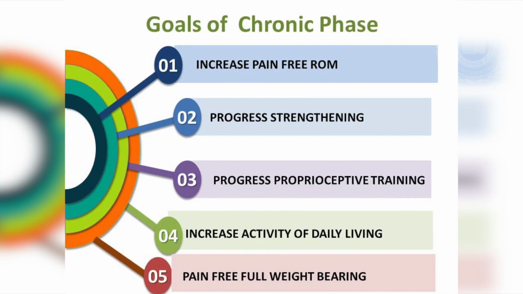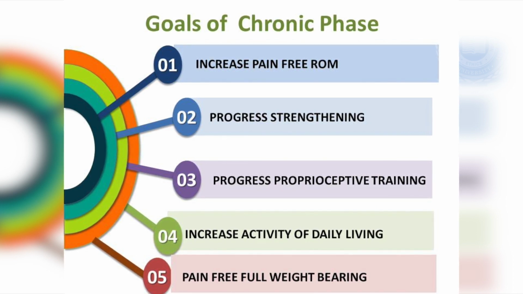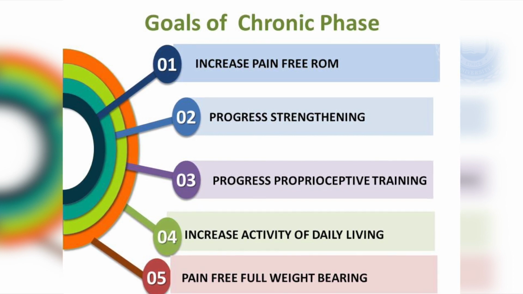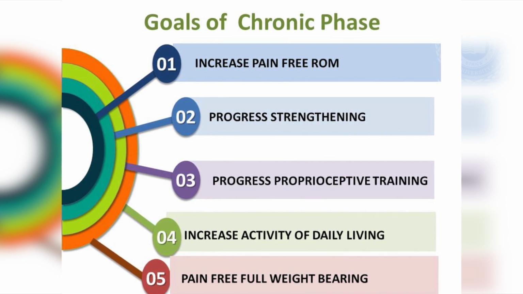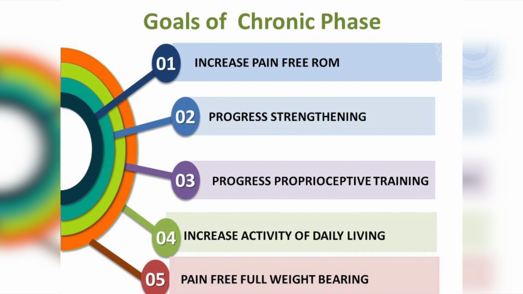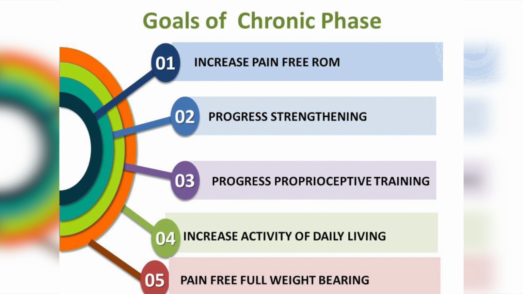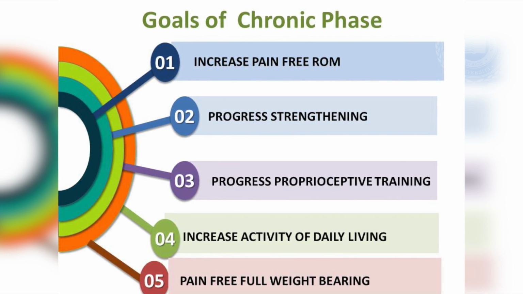The goals for phase 3 are to increase pain-free range of motion, progress the strengthening phase, progress the proprioceptive training, increase pain-free activities of daily living, and achieve pain-free full weight bearing and uncompensated gait.